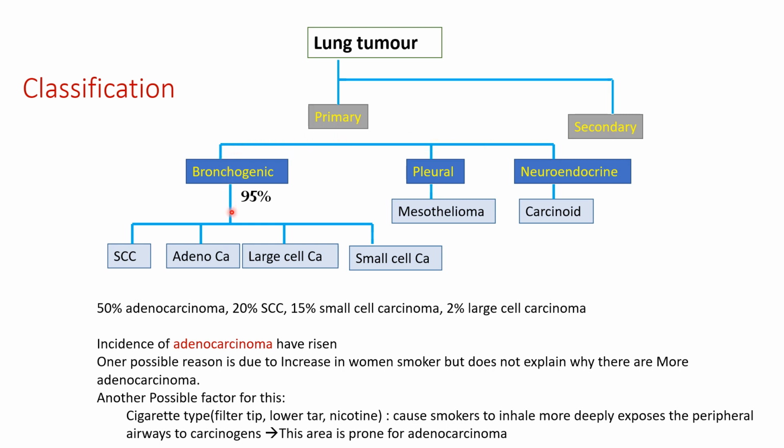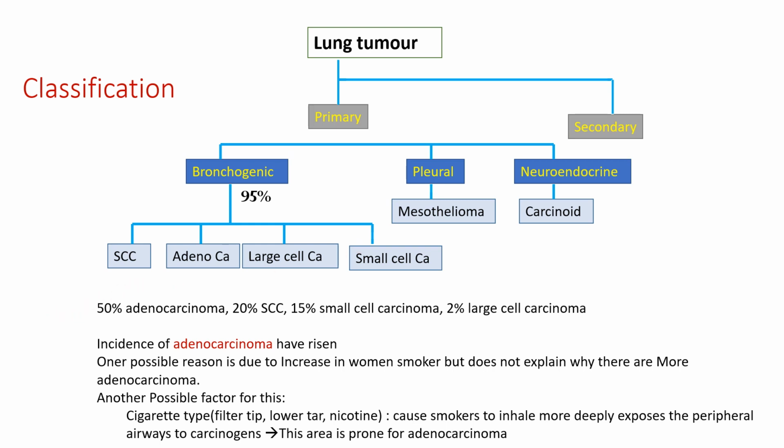Under bronchogenic, that is about 95% of the lung tumors. There are squamous cell carcinoma, which accounts for 20% of cases, adenocarcinoma, which accounts for 50% of cases, large cell carcinoma, 2% of cases, and small cell carcinoma, about 15% of cases.